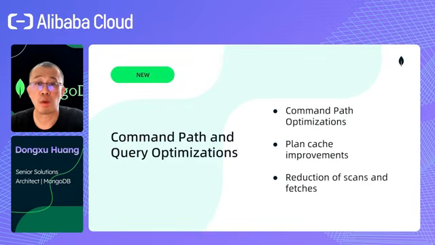And second, we lowered query latency and improved request throughput for common workloads and query patterns. We introduced many improvements to common command paths and the query plan cache, and it also reduced the number of scans and fetch requests for queries.